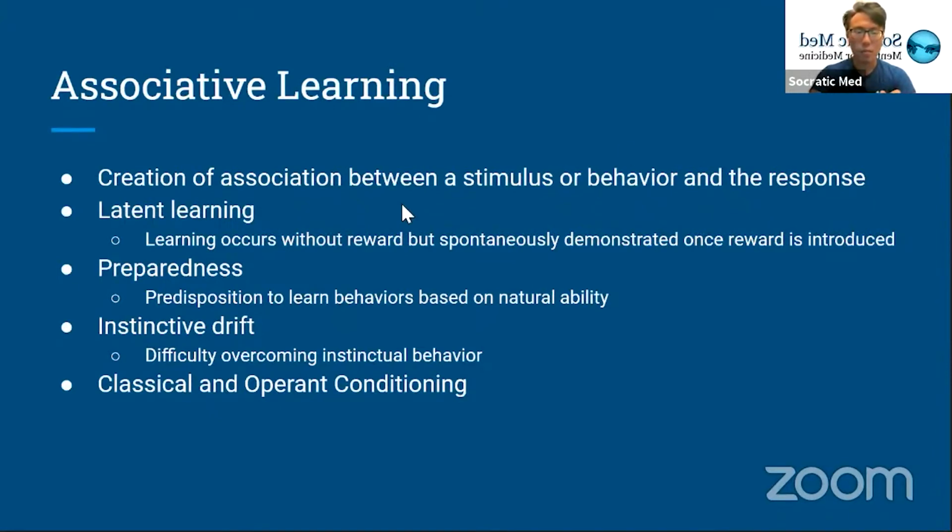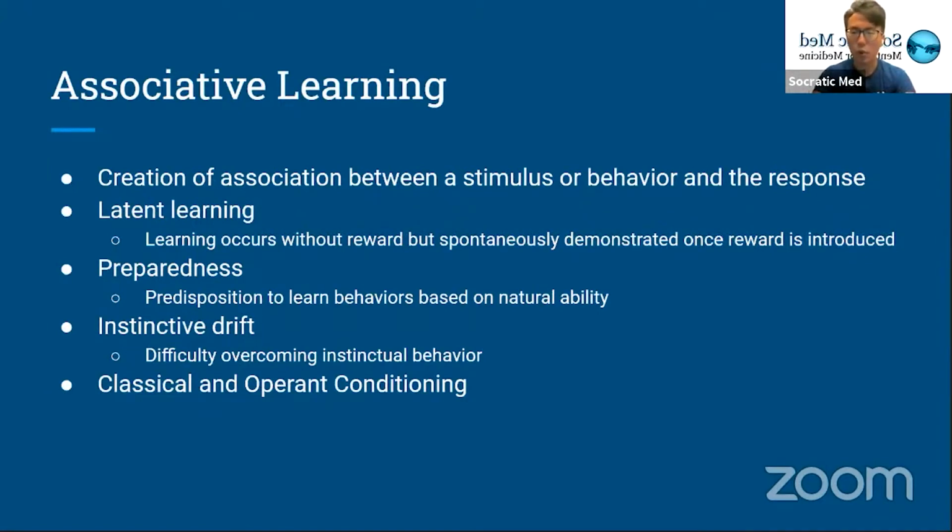And then preparedness is a concept where someone is predisposed to learning a specific behavior based on their natural ability. It's not something that can be learned or taught. It's something they were born with, and they're able to learn this behavior or skill better. Related to that is instinctive drift.